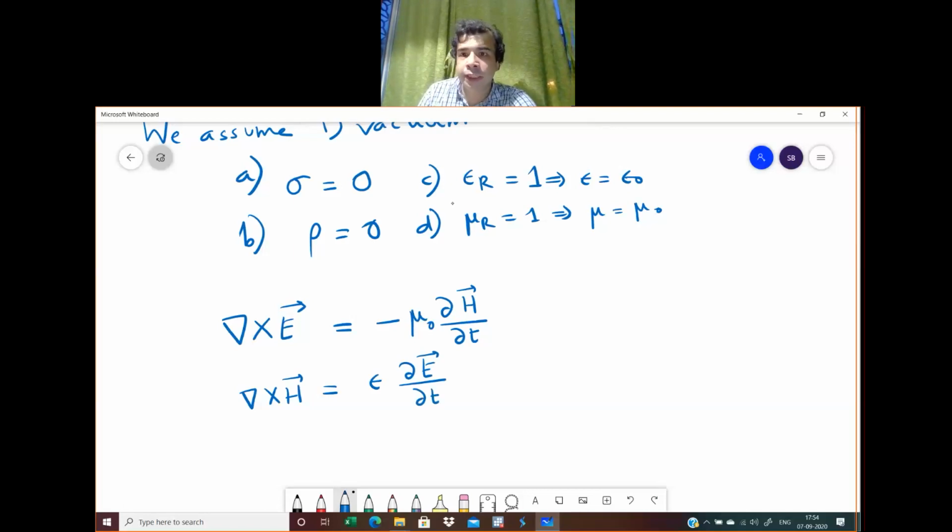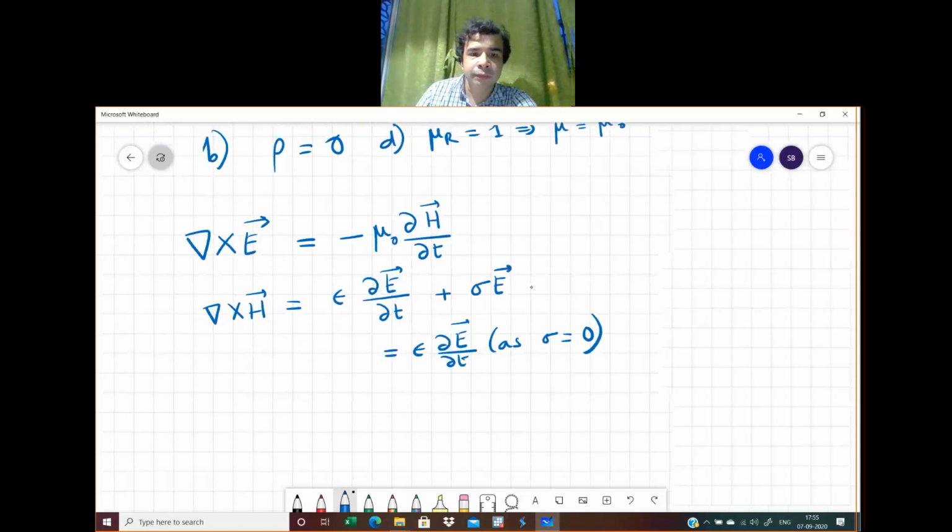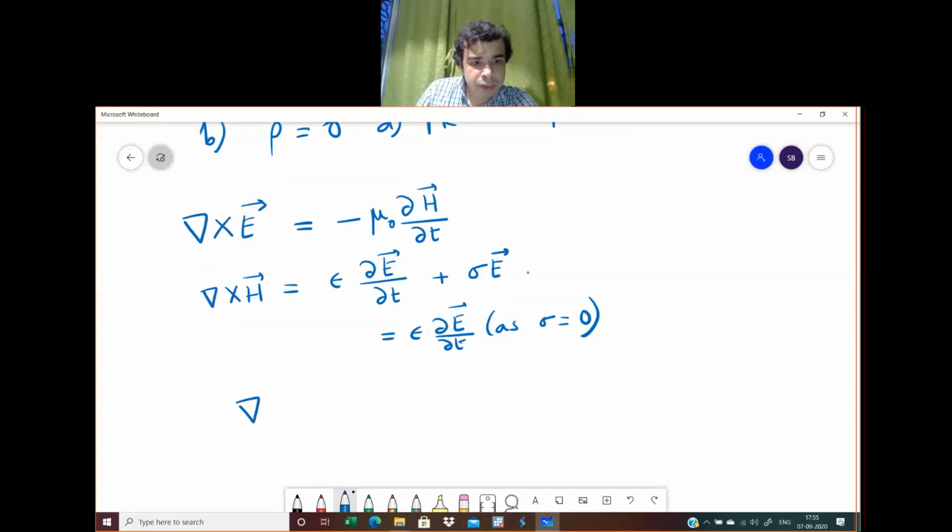Why is there no J? There is no J because sigma is 0 and J is equal to sigma E, and this sigma is 0. Divergence of E is 0 as rho is 0, and divergence of H is always 0.